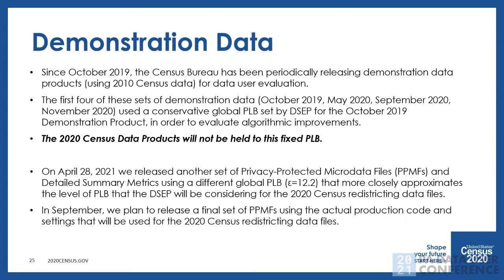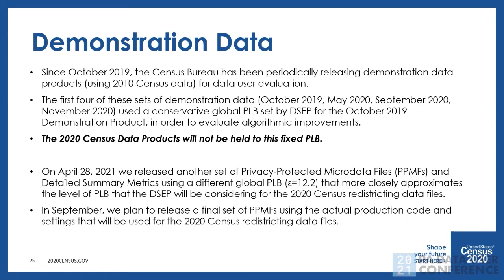And we kept that privacy loss budget constant across those 4 demonstration data releases to allow our data users to evaluate improvements in the algorithm itself, improvements in the tuning and the nature in which the algorithm actually does its processing of the data. I want to stress the 2020 census data products are not going to be held to that fixed conservative privacy loss budget.